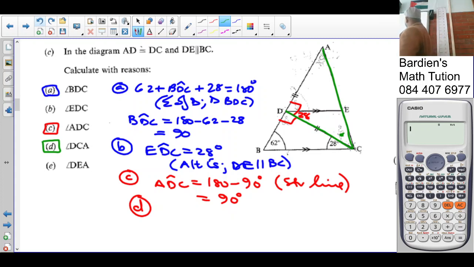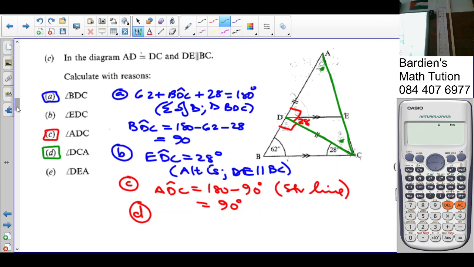But DCA is the same as angle A. How do I know that? Angles opposite equal sides. Not so? So we're going to say that DCA is equal to angle A. Why? Angles opposite equal sides.